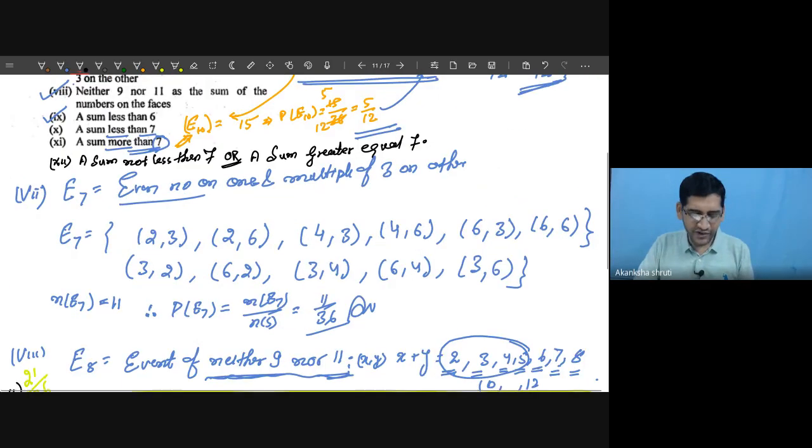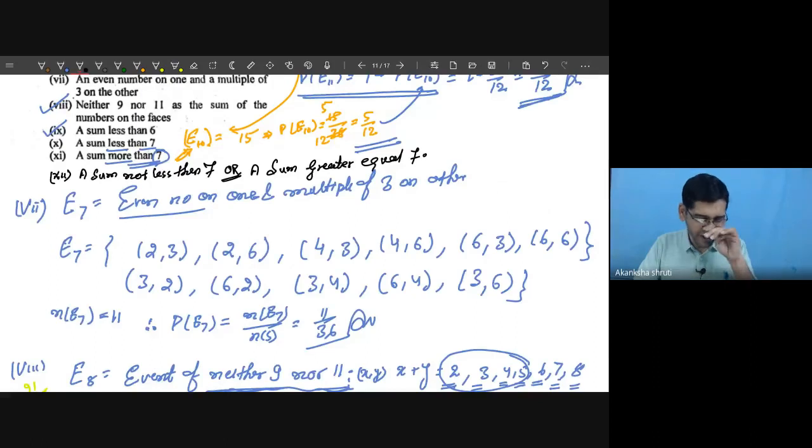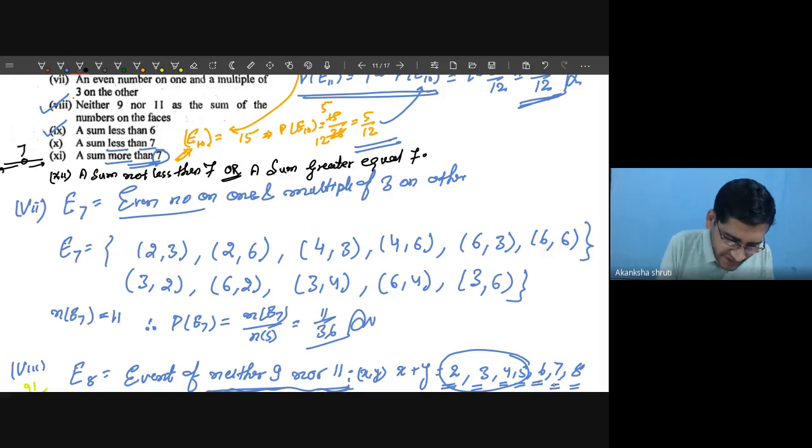So the 11th one and 10th one, what makes the difference, student? This can be understood with the help of a number line also. Something less than 7 is required, and in this one more than 7, but the 7 itself is missing.